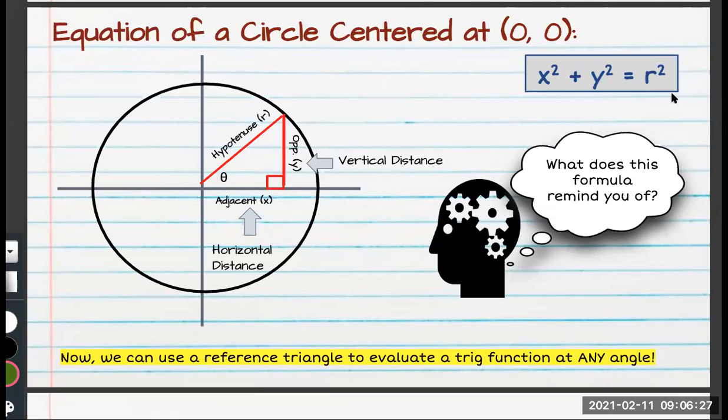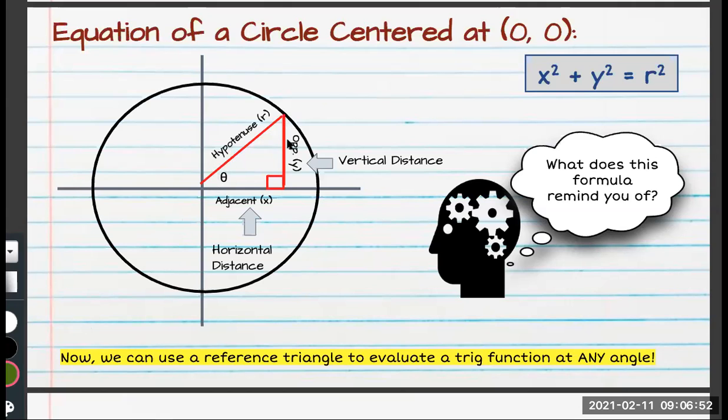The center of the circle is at 0, 0. That's why we have simplified it this way. And this also reminds you of the Pythagorean theorem, right? So if you have a circle, okay, the hypotenuse represents the radius of the circle. The hypotenuse is the radius of the circle.